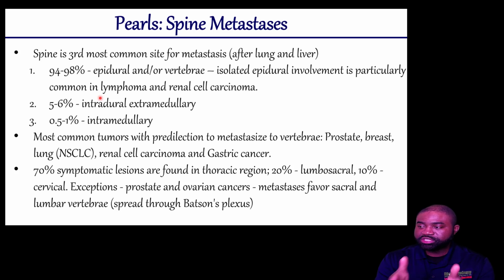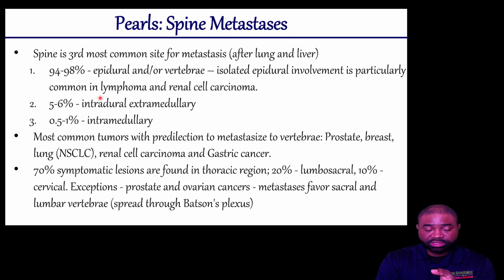About 5 to 6% are intradural extramedullary. About 0.5 to 1% are intramedullary. Now, the common tumors that have a higher tendency to metastasize to the vertebrae are prostate, breast, non-small cell lung cancer, renal cell carcinoma, and gastric cancer.